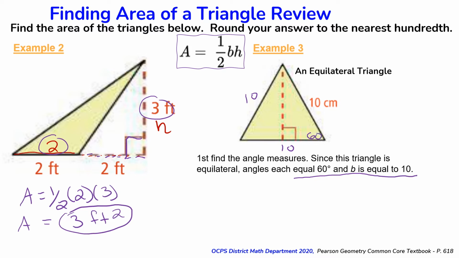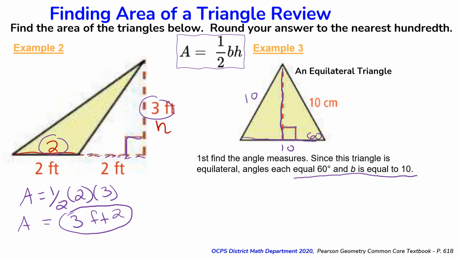So I could use this to find the height. Now remember, if you have an angle and a height or a side length of a right triangle, we could use trig. And so we have a right triangle right here because we have this perpendicular or this right angle here.